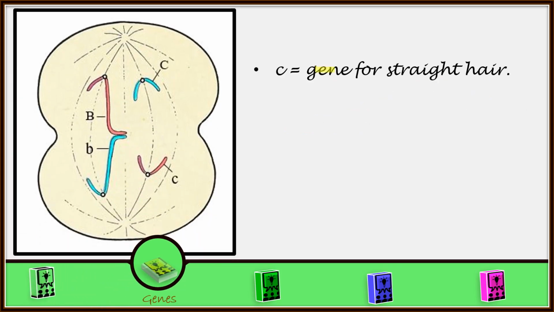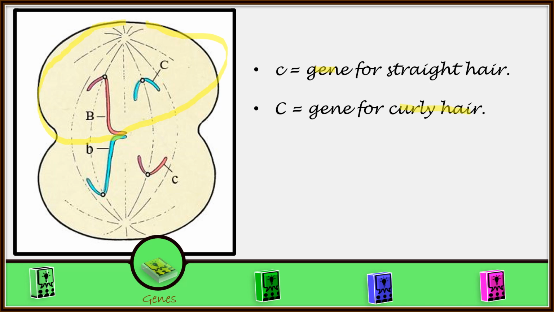The gene, for example here, when we are having our cell division, this cell up here is taking the gene for straight hair. And this one has taken the gene for the curl hair.